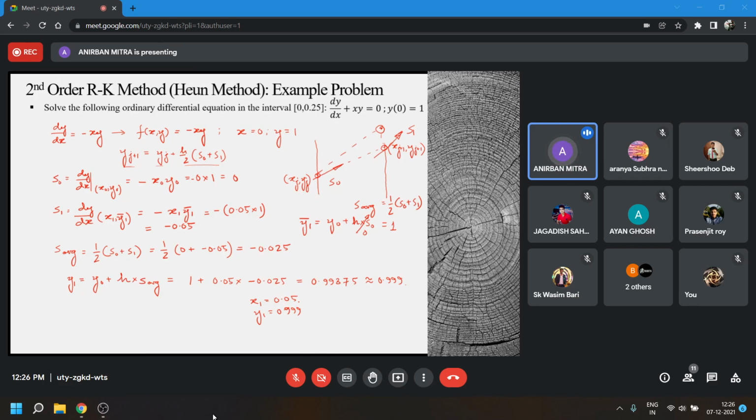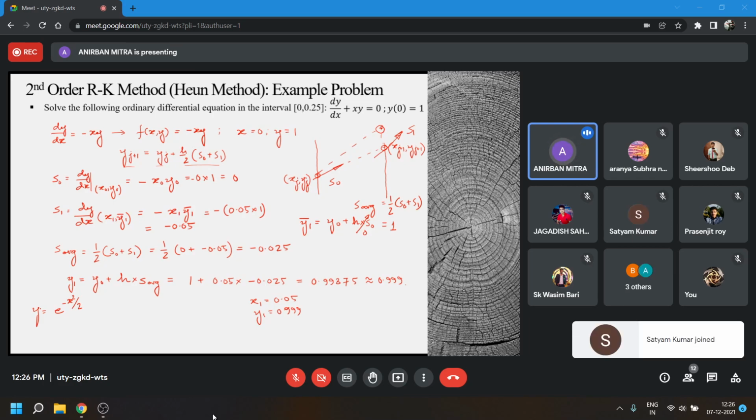And I had mentioned that for the actual solution, e to the power minus x square by 2, if you put 0.05 over here, you will not get y equal to 1. Close to 1, but not exactly equal to 1. So quite simply, the RK method is more accurate as compared to the Euler method.